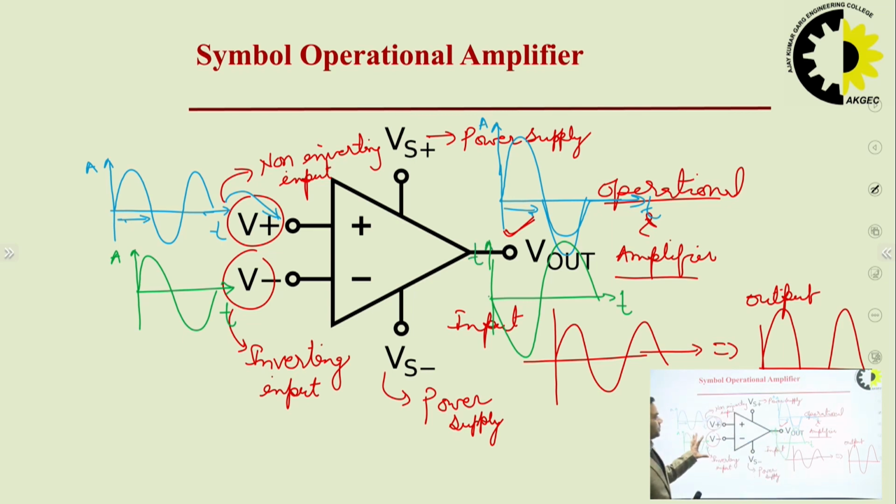You can see. This is how these two inputs will work. Two power supplies, output, and this is open loop operational amplifier, as there is no connection between output and input.